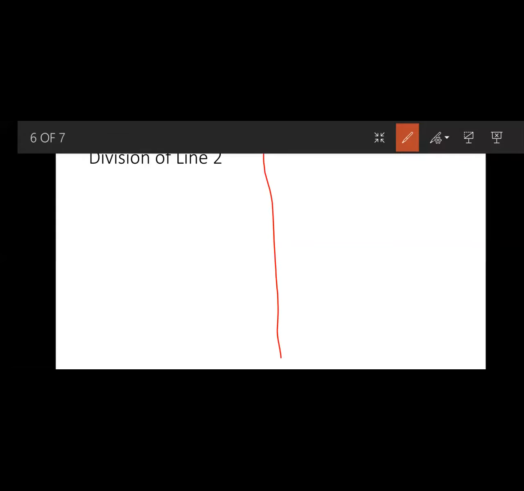So for example, now let's say we have a coordinate, sorry for that line. So in this case now, you have line AB, and we are dividing it into a particular ratio.